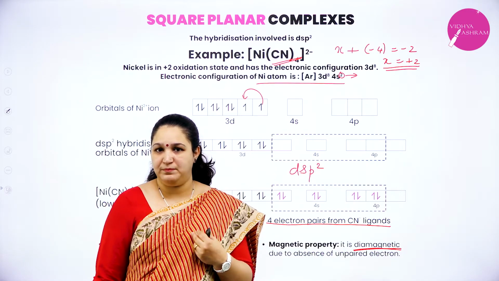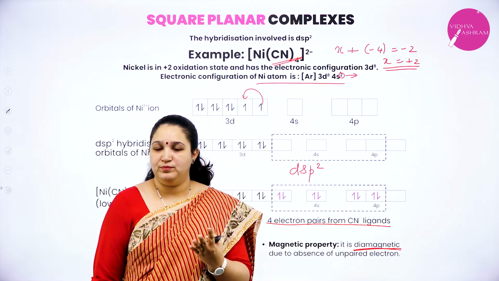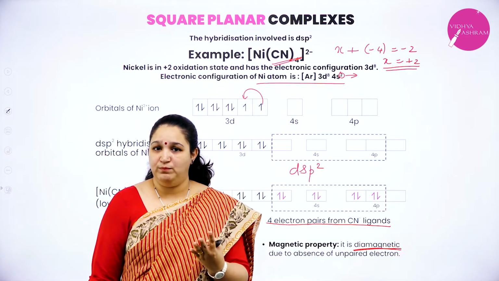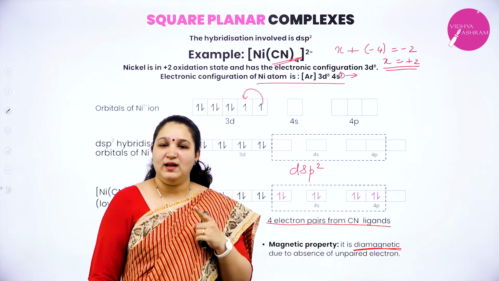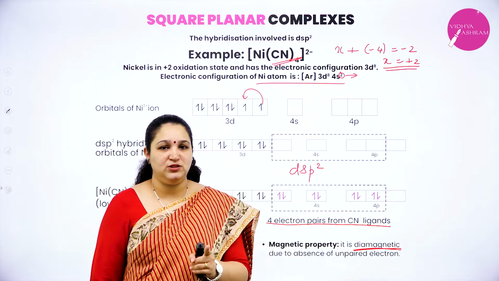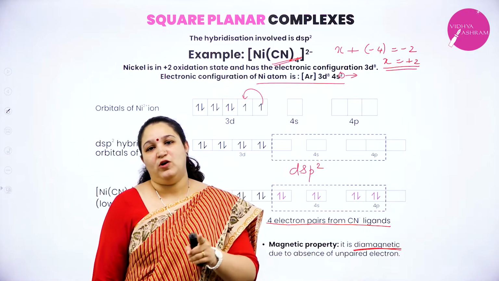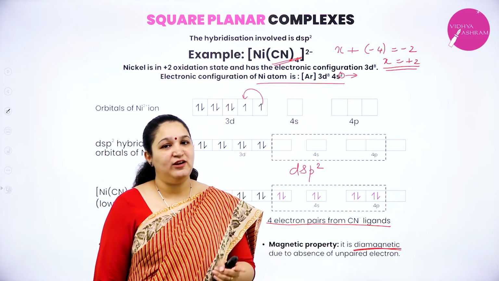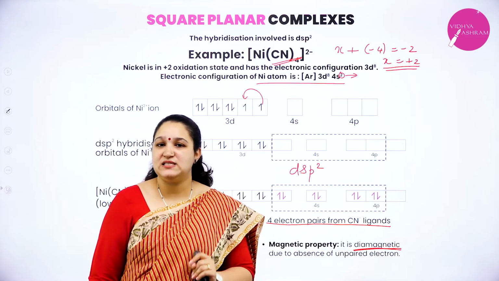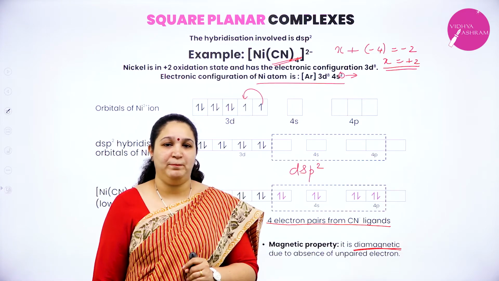All the 4 are very important, and out of these 4 complexes, one is a short question for 3 marks for your exam. It can be question number 25 or 26 in your question paper.